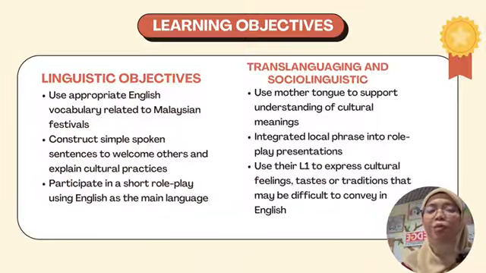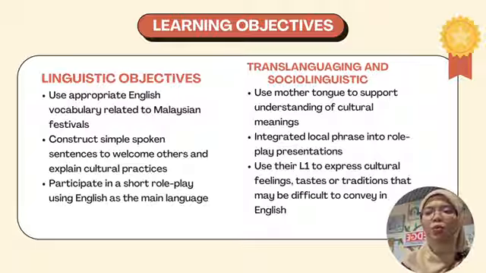So for the objectives, we have two objectives here. By the end of the lesson, students are expected to achieve a set of learning objectives that focus not only on developing their English language skills, but also on helping them use language meaningfully within a cultural and social context.